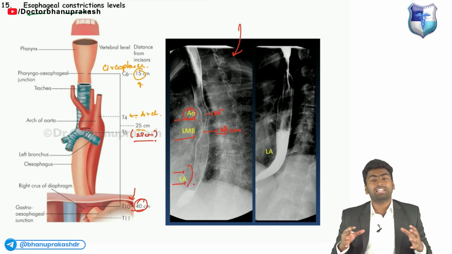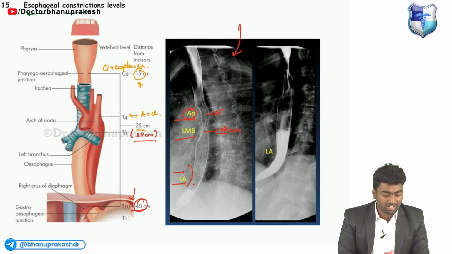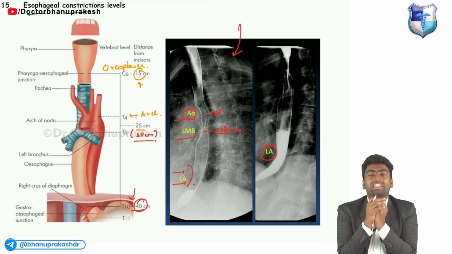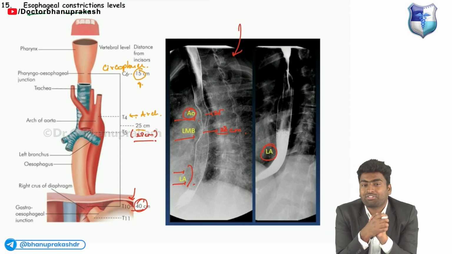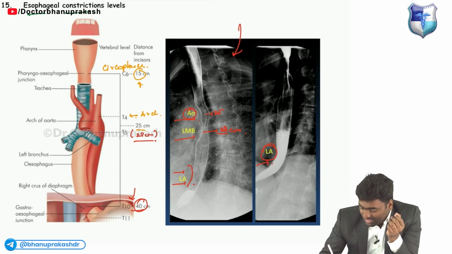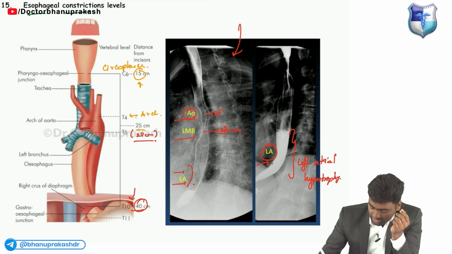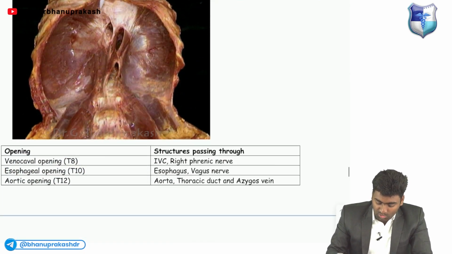The posterior-most chamber of the heart is the left atrium. So if there is any change in the left atrium, such as left atrial hypertrophy, it will cause indentation to the esophagus. This indentation, which is pathological, is due to left atrial hypertrophy. Okay, fine.